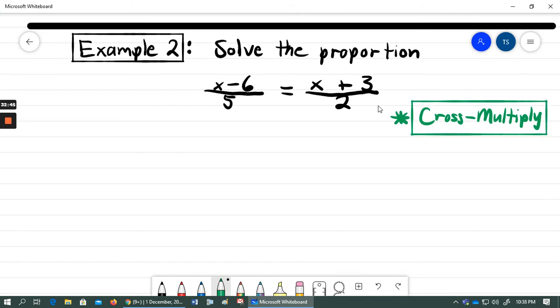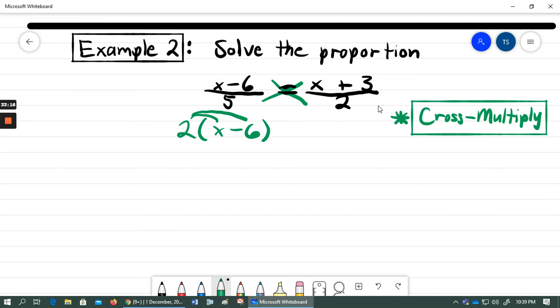Alright, so if we cross multiply that, guys, I'm going to go ahead and not write it over again. I'm just going to do it like this. That would mean that we're multiplying the 2 times that x minus 6, right? So the bottom of this fraction times the top of that one. The 2 times the x minus 6. What do I mean by that? We're literally going to have to distribute.